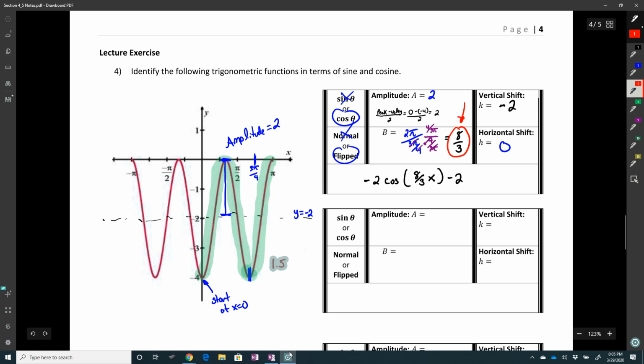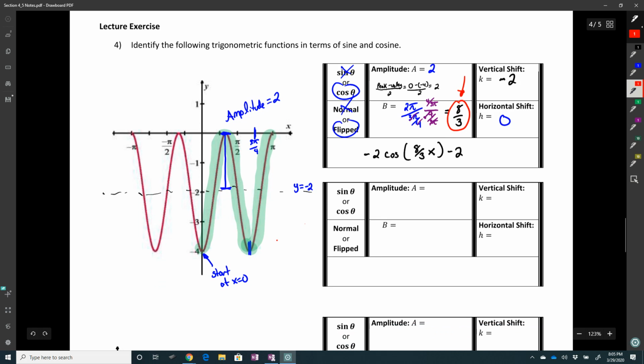Let me write that somewhere. Let me get rid of this start at x equals 0. Okay, so 1.5 times the period, or 1.5 periods, is exactly pi. Well, if you divide by 1.5, my decimal's really nasty, apologize.